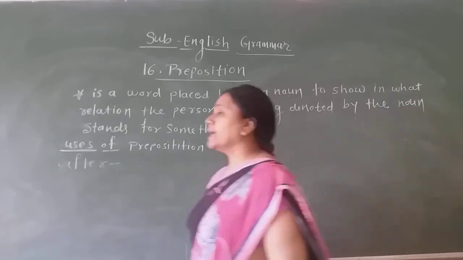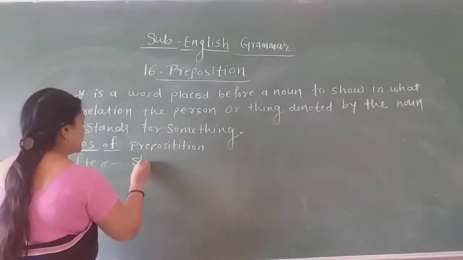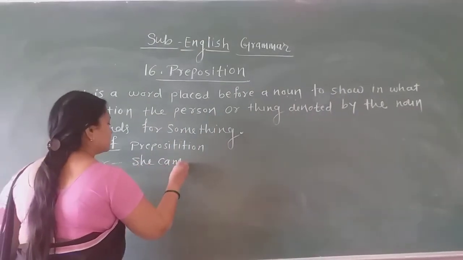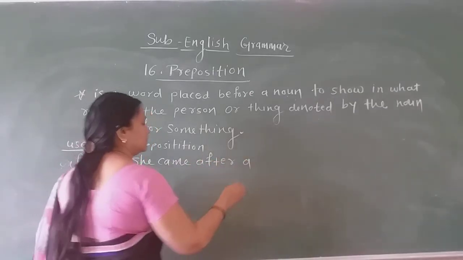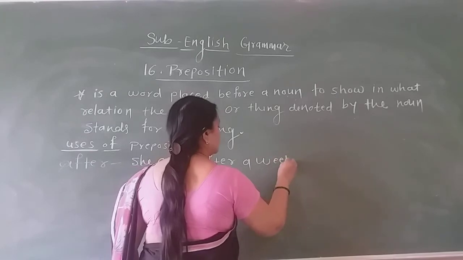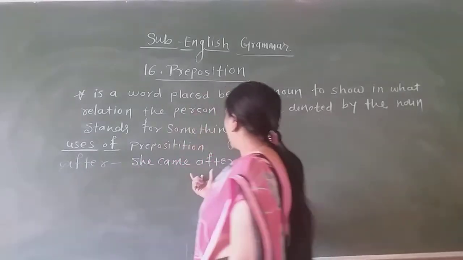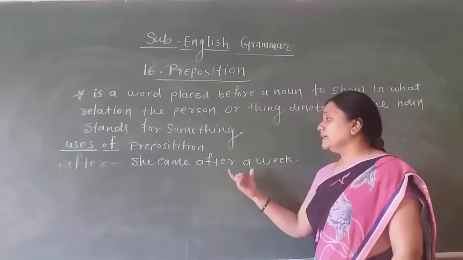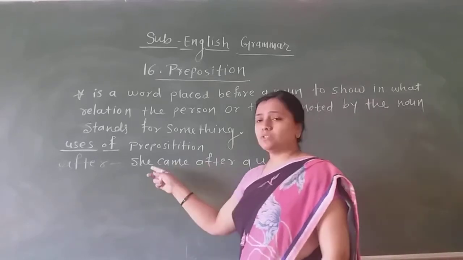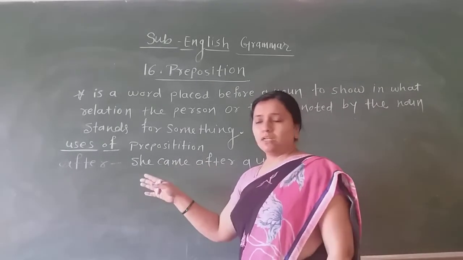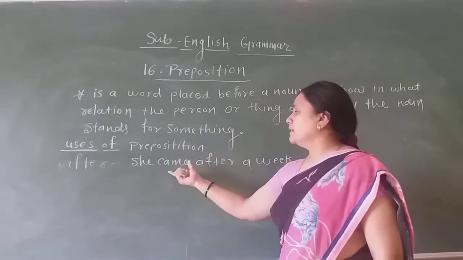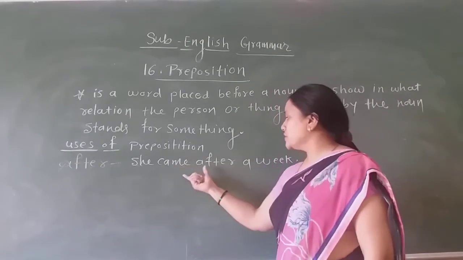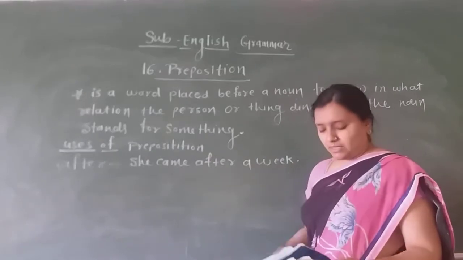Like, she came after a week. वो near about 8 week के बाद आई थी. So after is used generally in the past tense, and in the present also we can use it. So here, what is the sentence? She came after a week.